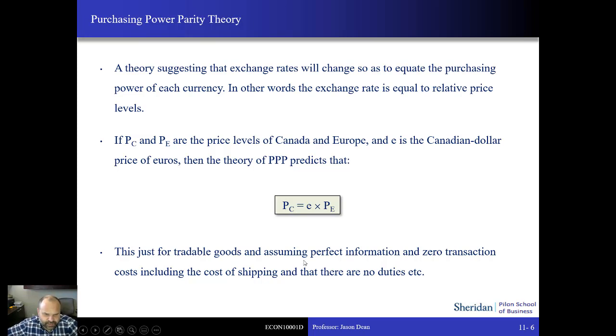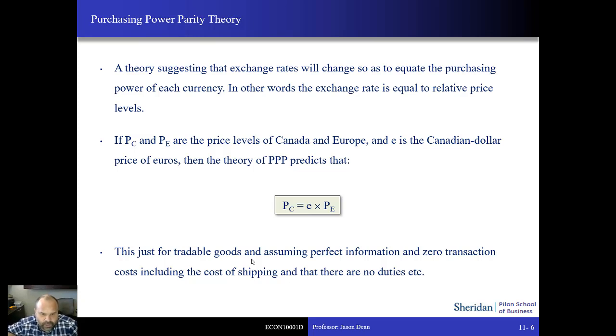Now, this of course only makes sense for tradable goods. We wouldn't expect such a thing to hold for haircuts. We're also assuming perfect information, so everyone would know about the different prices, and there wouldn't be any transaction costs, shipping costs, or duties. This really makes sense in terms of the stock market.